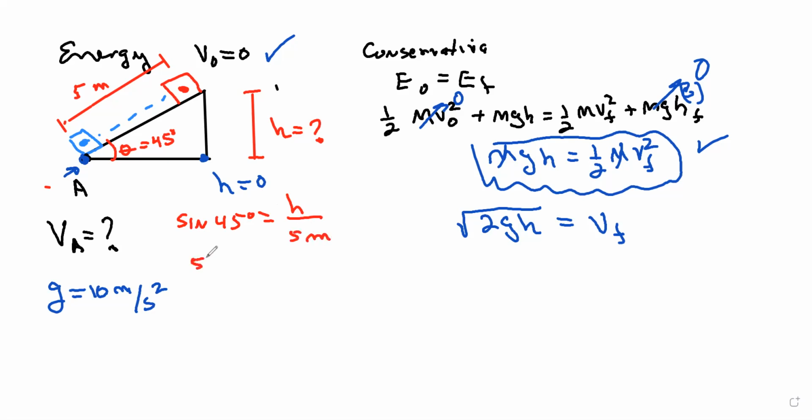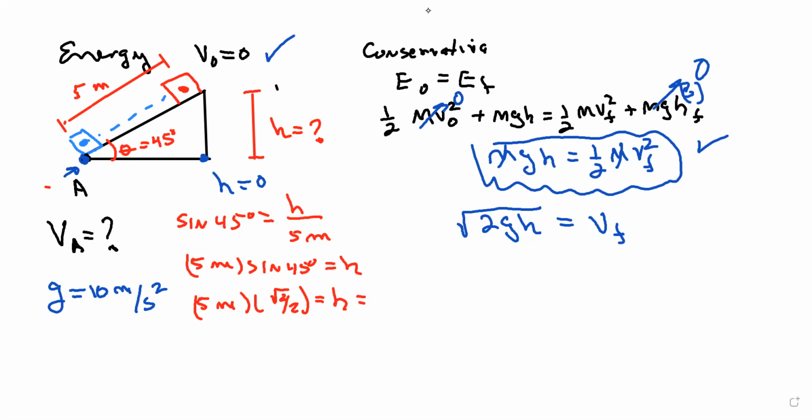So 5 meters multiplied by the sine of 45 degrees is going to give me my height. That's 5 meters multiplied by square root of 2 divided by 2, and that's going to be 3.54.